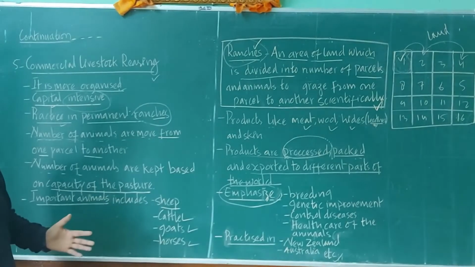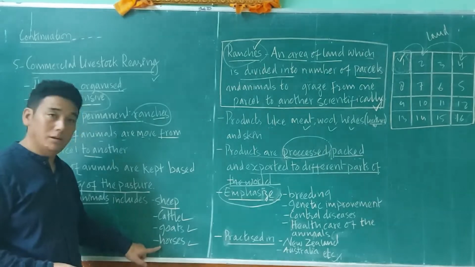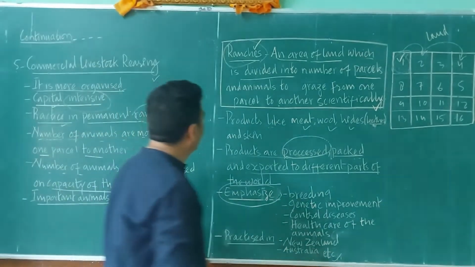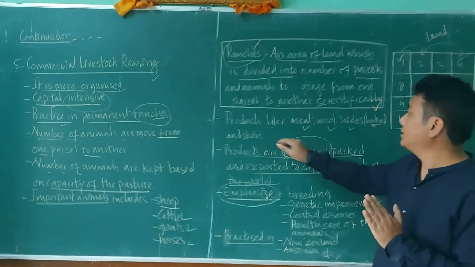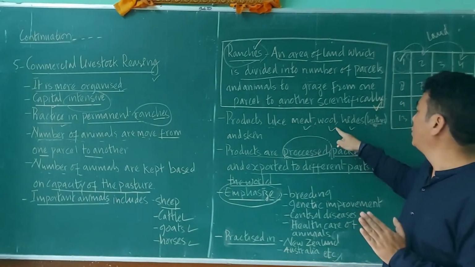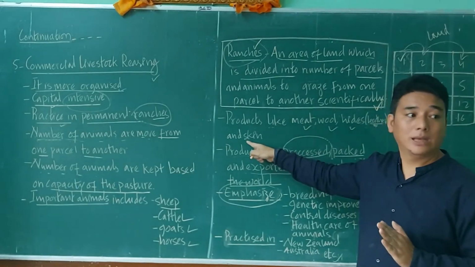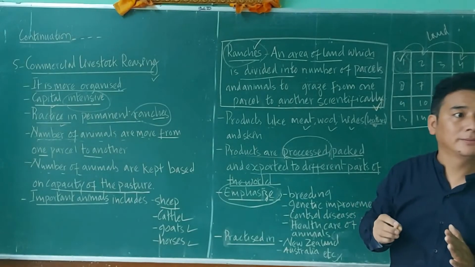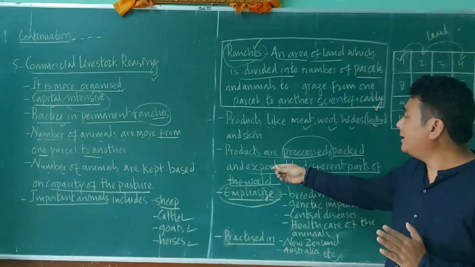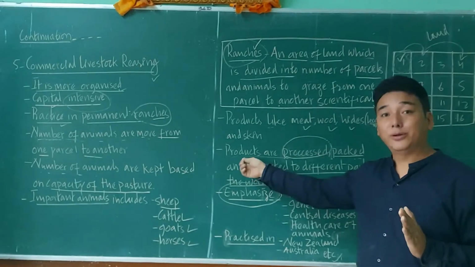The important animals they keep are sheep, cattle, goats, and horses. The important products they produce are meat, wool, hide, skin, and especially milk.